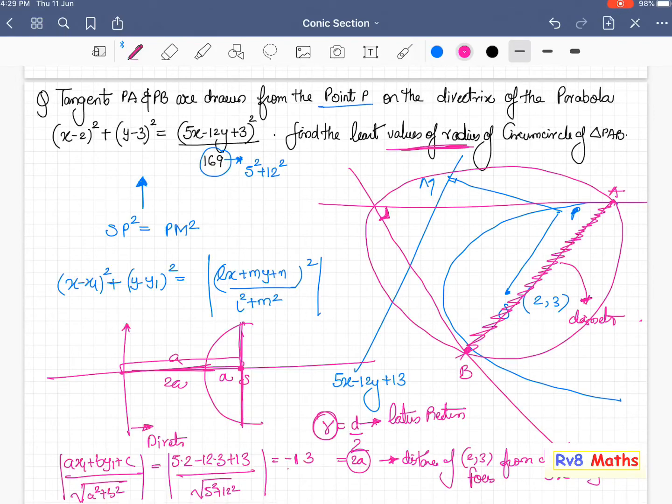So this will come as minus 13 upon 13, or if we take its mod, how much will come? 1. So that is the least value of the radius.